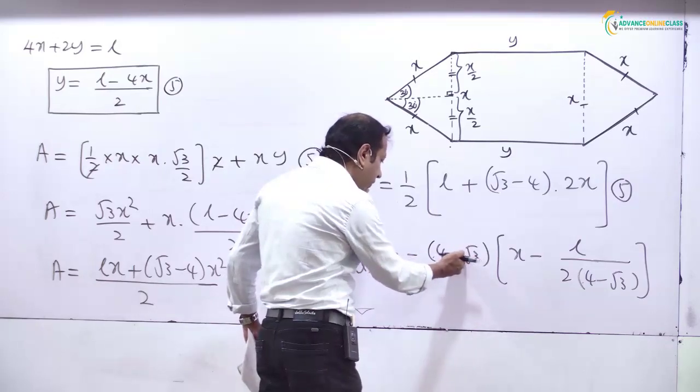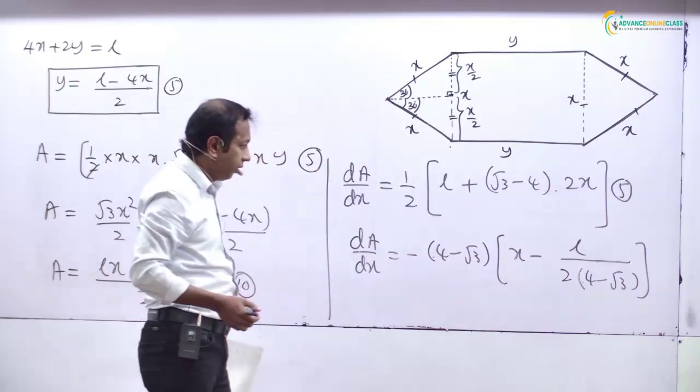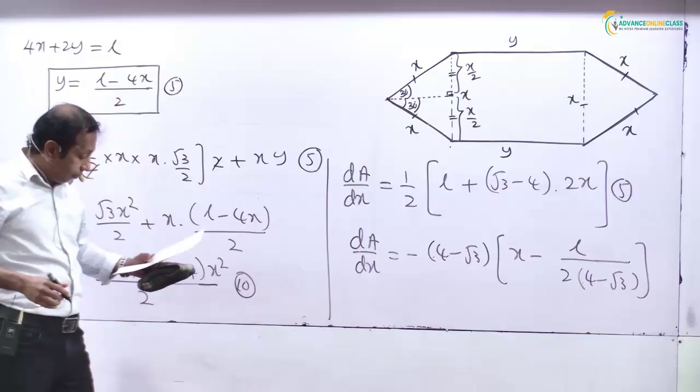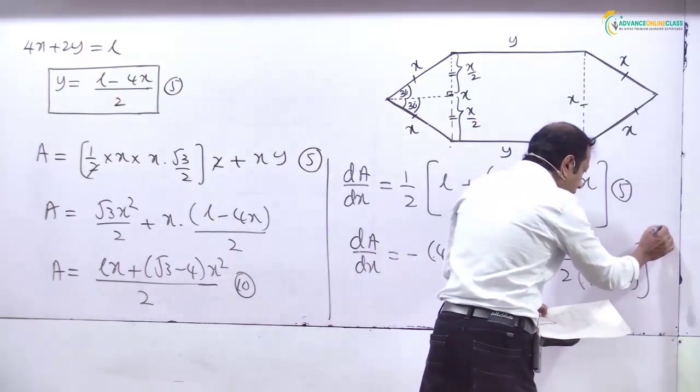That means root 3 minus 4, we take out. This one we take out. Then we get this. Right, there's nothing else. Okay, now up to here, writing this, we get another 5 marks.